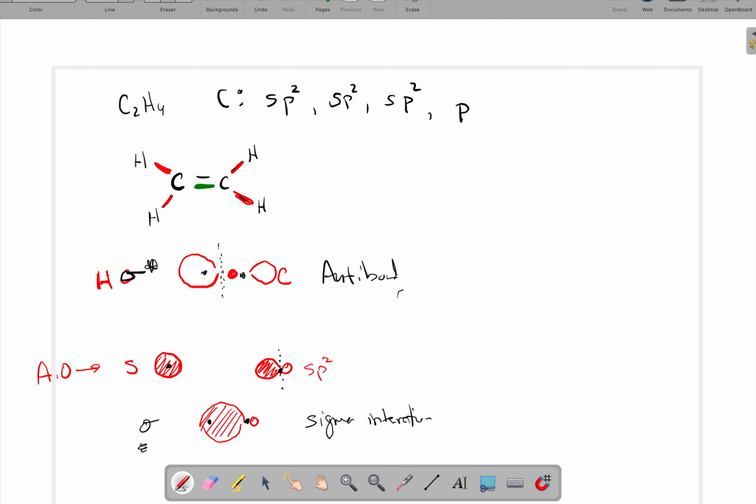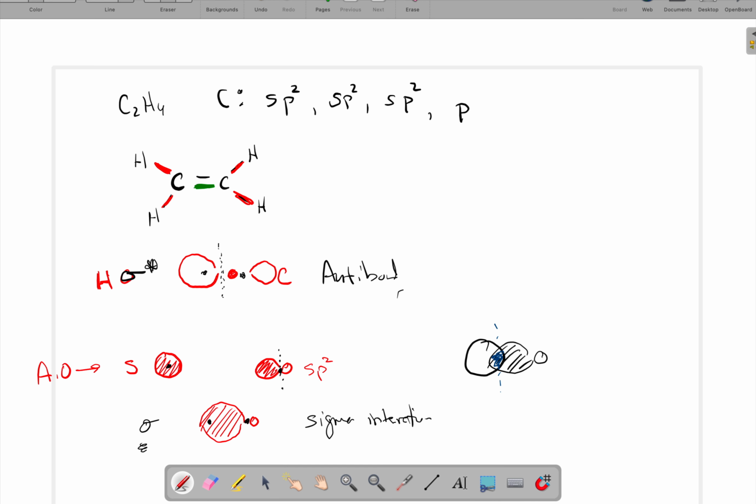When we looked at this interaction, okay, to get the bonding interaction, S was shaded, this one was still exactly as is. Okay, this one has the dual shading already done to it, so we don't have to change anything about this one. What's happening to get to the anti-bonding is we're saying, well, the S could have been unshaded. Okay, and if I look at that interaction where I now take the S and I overlap it with the shaded of my sp2, what's happening in this middle interaction?